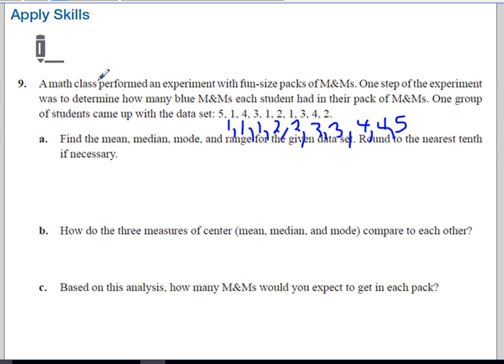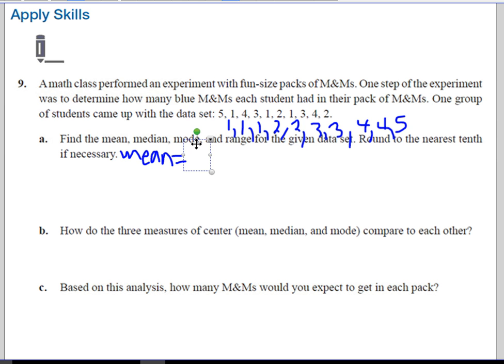And so for this, we need to do the mean. We're going to add all of those up and divide by 10.